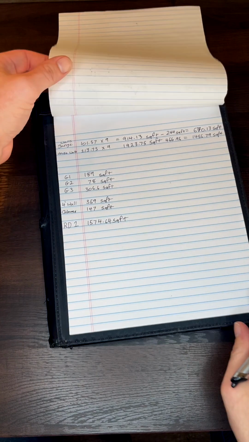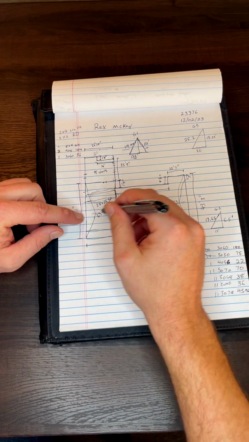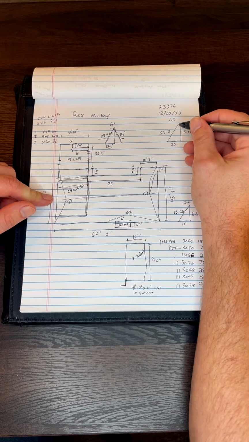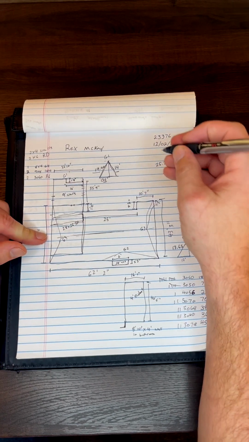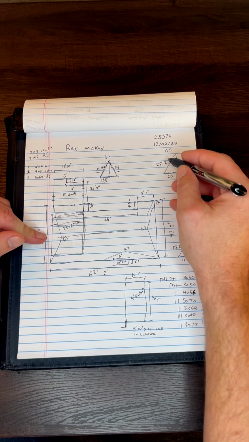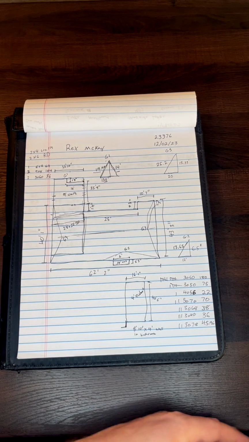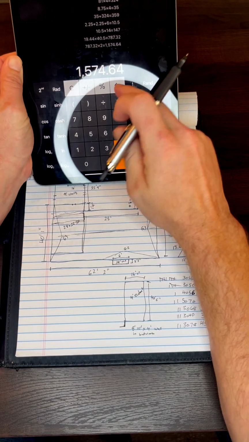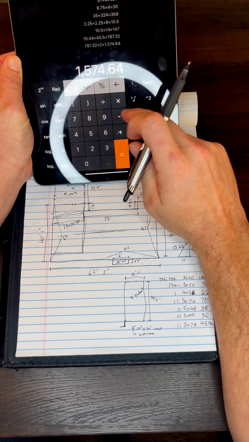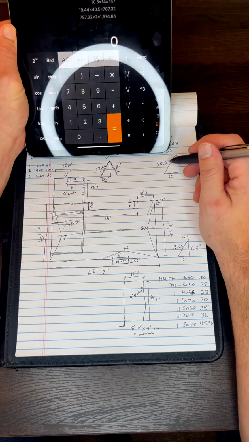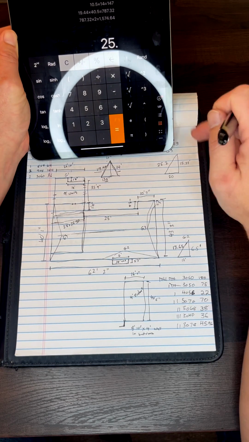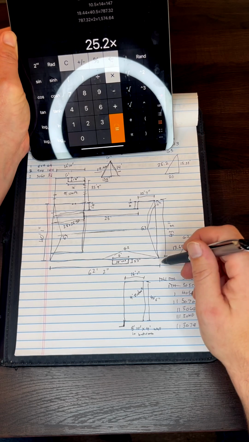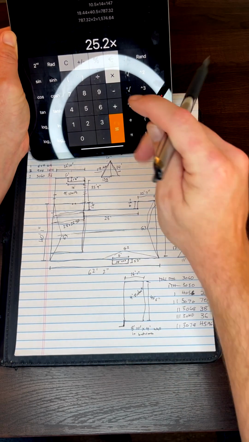Okay, and then the only other one we're gonna have is gonna be RD3, because this is based off of G3. So I'm gonna call it RD3, roof deck 3. So we got 25.2, and we're gonna do the same thing we just did. 25.2 times the total length, which is 62 foot 2 inches.